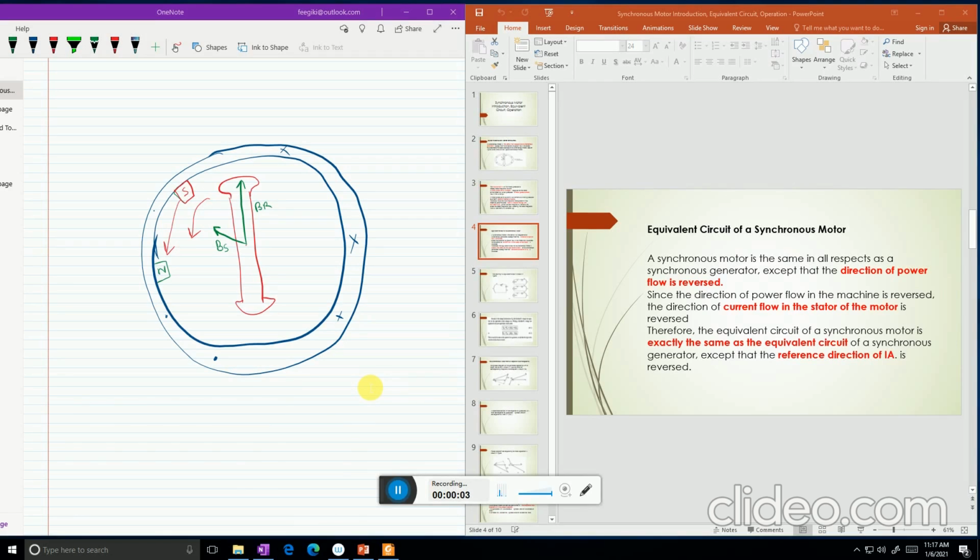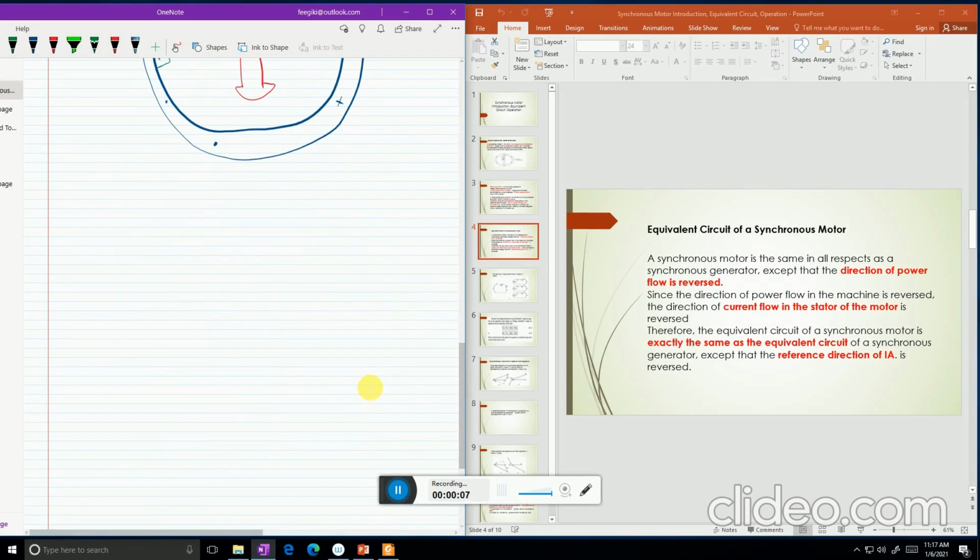So the next slide is the equivalent circuit of the synchronous motor. A synchronous motor is the same in all respects as a synchronous generator, except that the direction of power is reversed, which we already studied in the previous slide.